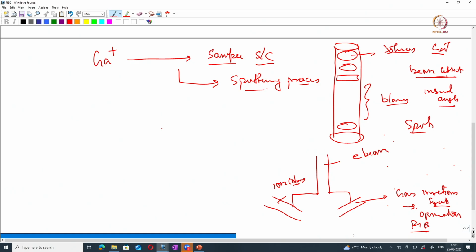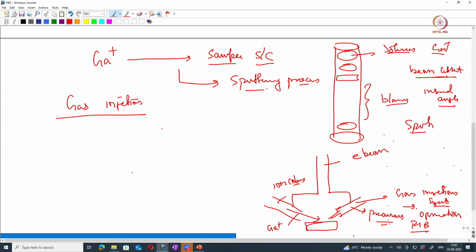We will briefly go through the gas injectors. What are these gas injectors? If you have a sample surface here, and your ion beam falls on the sample surface, this is your gallium plus ions. The gas injection system is nothing but a precursor. It has a precursor.